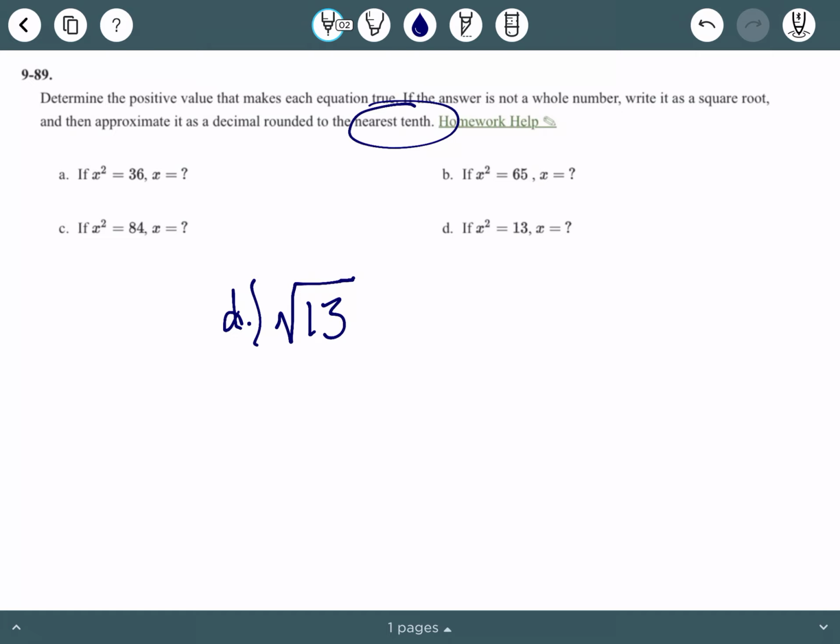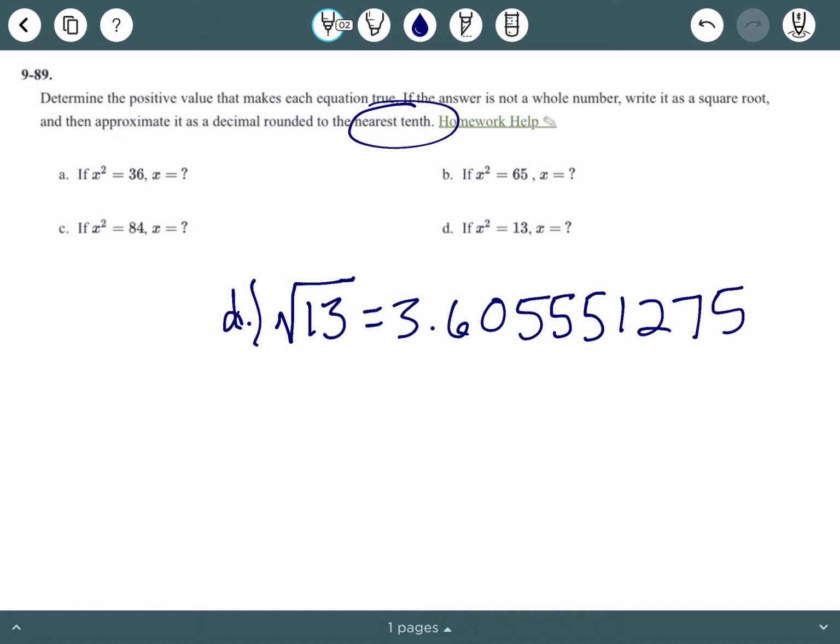So when I put this into the calculator, I get 3.60555125. Okay, remember we are still rounding to that tenths place. I have a 0 in my hundredths place, which tells me that it's going to stay a 6. We do not round up, we keep it at 6. So our answer for this is going to be x equals approximately 3.6.